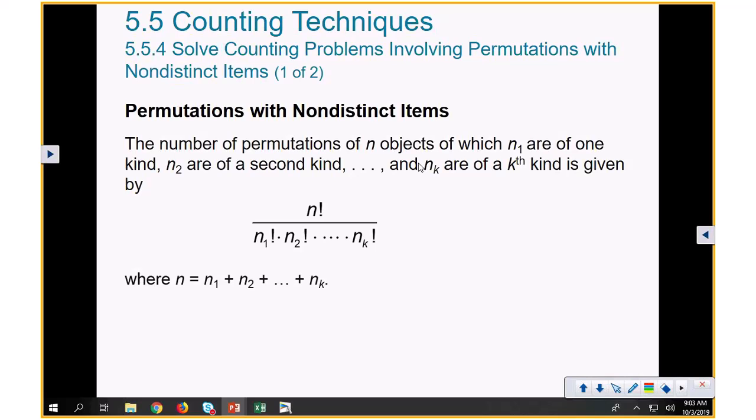The number of permutations of n objects are given for the second kind, blah, blah, blah. N factorial over the first factorial times the second factorial times the third factorial. You just need to write this down right here. This is permutations with non-distinct items. I do not test you on this, but you will see some in the homework, and you will see it on standardized tests.